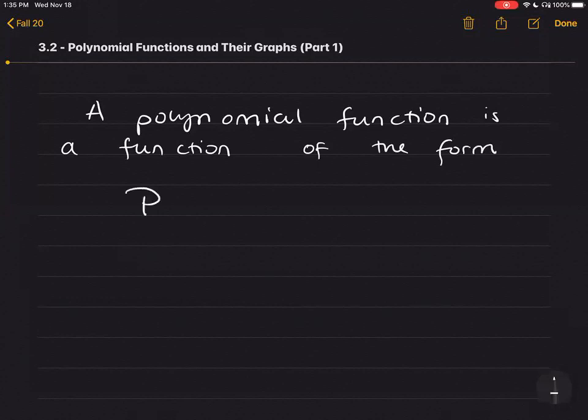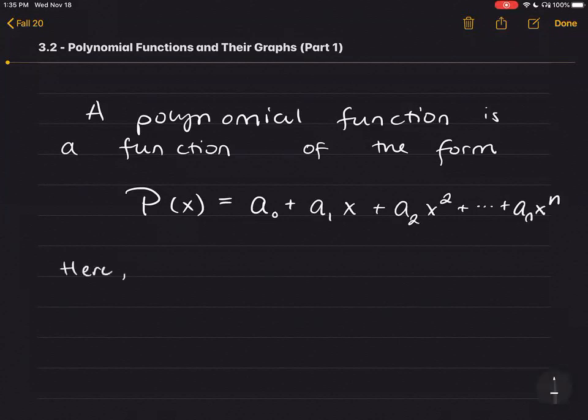And usually we use a capital P of x, P for polynomial, and they're going to be of the form a sub 0 plus a sub 1 x plus a sub 2 x squared plus all the way up to a sub n x to the n. So here P of x is a degree n polynomial function.